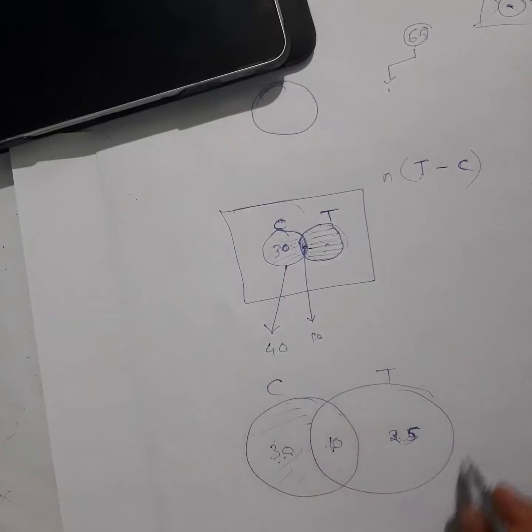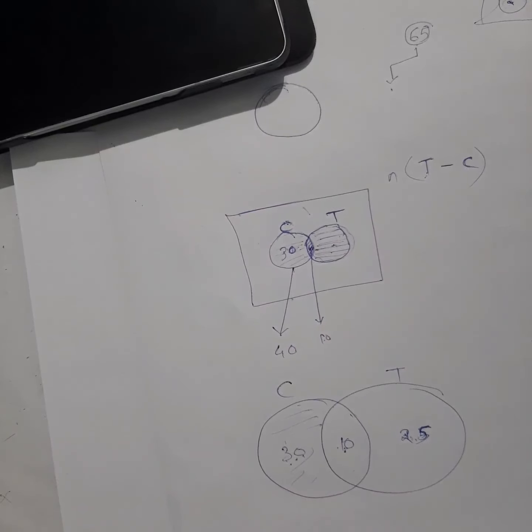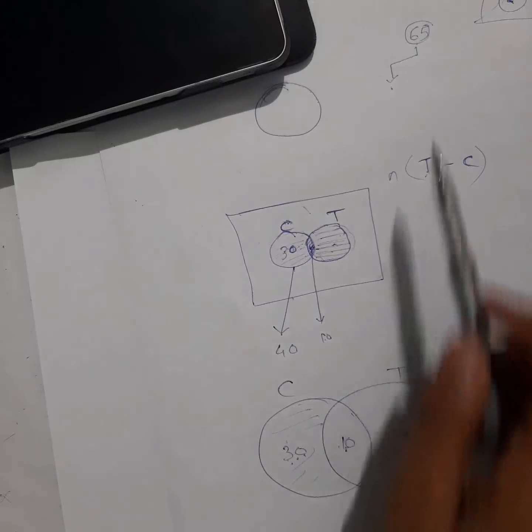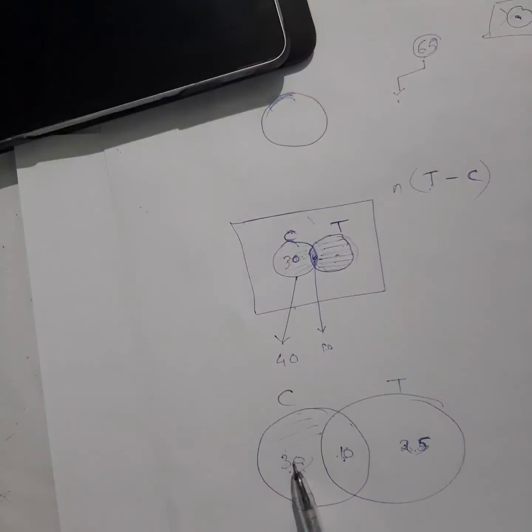So you can see union, if you take, means people who like cricket or tennis will be how many? Total 65. Union is given, right? Only cricket how many people like? 30. Both cricket and tennis how many people will like? 10. And then tennis, how many will like?